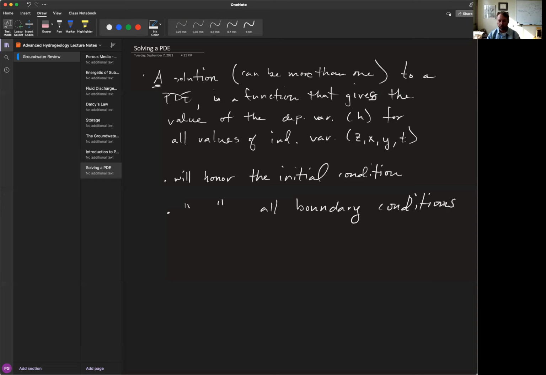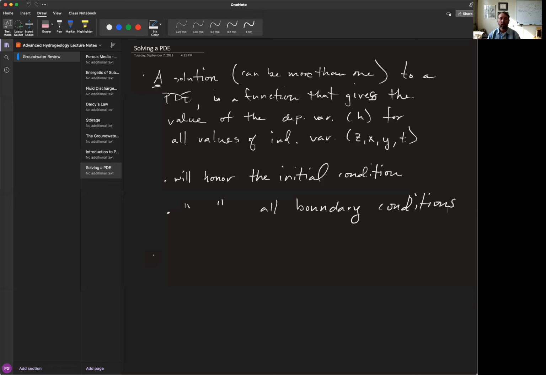This aquifer has boundaries that control what's happening inside the aquifer. So for example, we might be receiving recharge across the top of the aquifer. We might have a river or a lake on the side that sets the head conditions. These are boundary conditions that control, or are forcing conditions. So boundary conditions are forcing conditions that control our aquifer response.